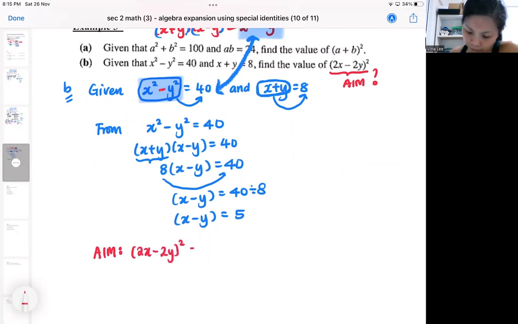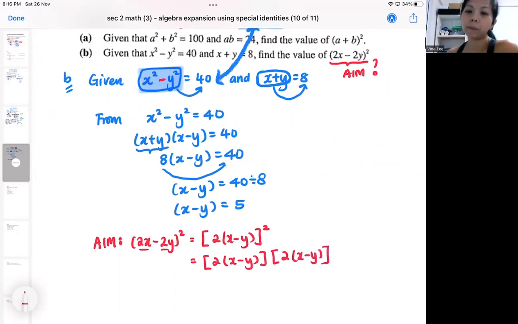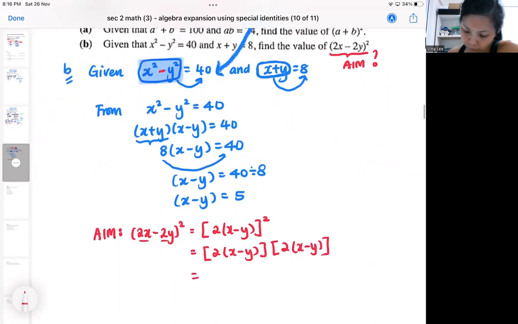Here comes the trick. Do you realize that there is a common factor? It means that this is double the bracket, duplicate the square bracket, so you actually got a 4.